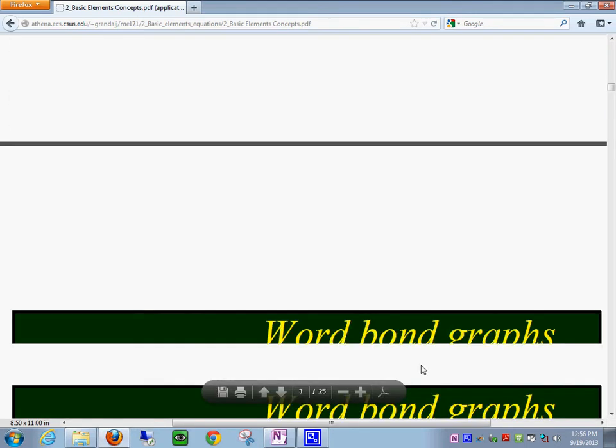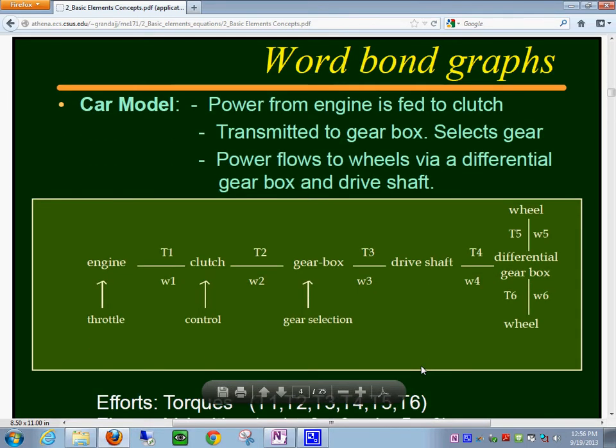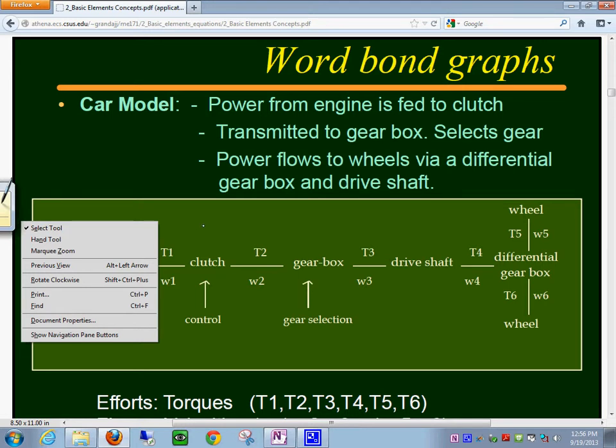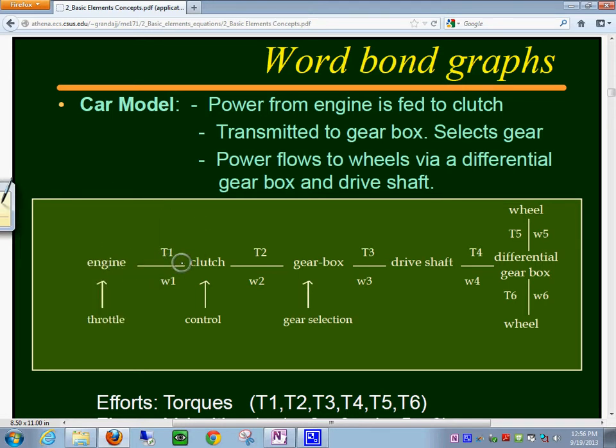Then we have this model of a vehicle. See, the model of this vehicle indicates that by using simple words and the connections between them, we could assemble the vehicle. Like you have the engine, although the engine is composed of many parts, we consider it as one system, and then you have the clutch, which is a control system in itself.